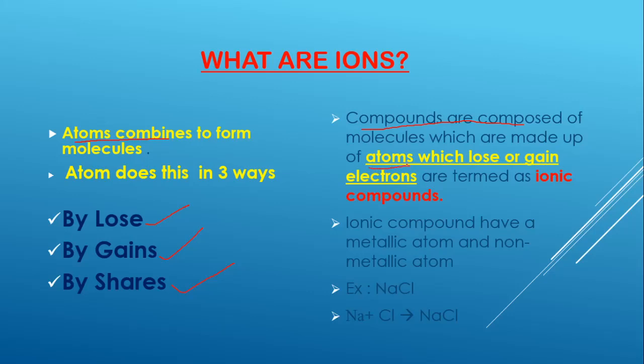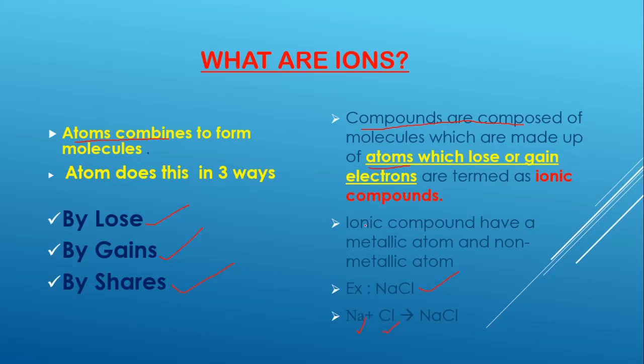We have just seen that molecules are made up of atoms. And how do these atoms form molecules? They form either by losing, gaining, or sharing electrons. If we talk about NaCl, it consists of two ions: the positively charged Na plus and the negatively charged Cl minus.